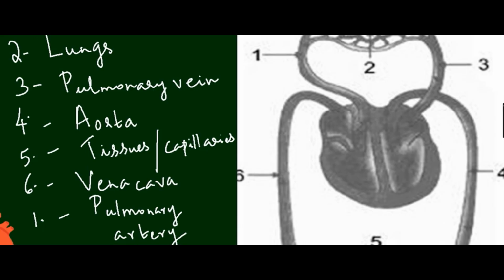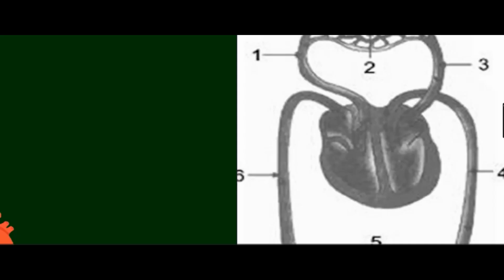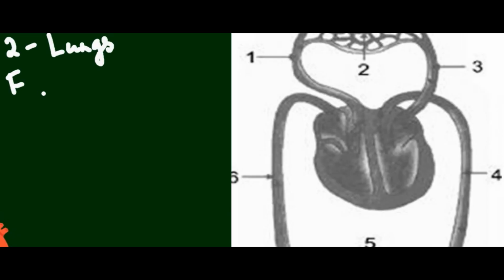Since the question is to label any 4 parts in the given diagram, you can label any 4 parts out of these 6 parts shown here and write any 2 functions. You can write the functions like this.